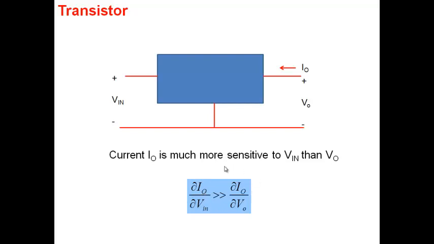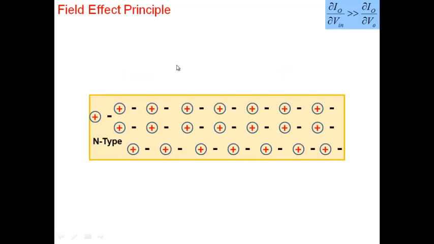The first thing to note is that the device must exhibit transconductance, that the output current, besides depending on the voltage applied across the output terminals, must depend on a third pair of terminals, which is the input.